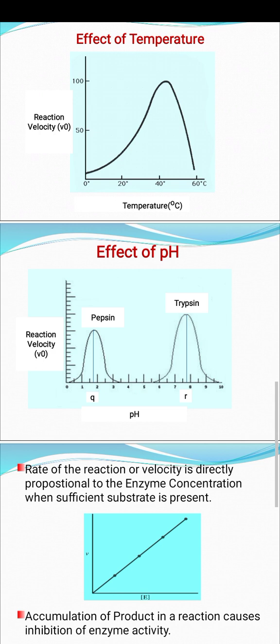Enzymes are markedly influenced by the hydrogen ion concentration of the solution. Some enzymes act best in acidic solution, others require alkaline solution, and still others do not function well unless their environment is neutral.